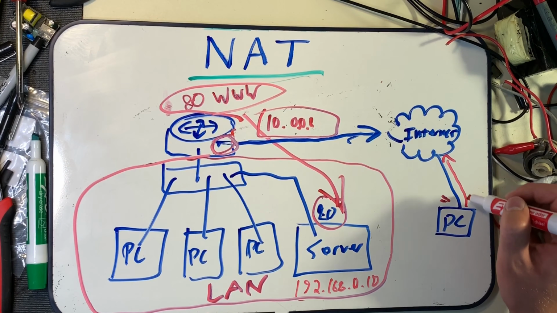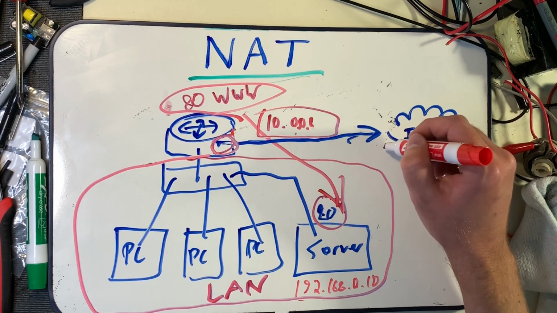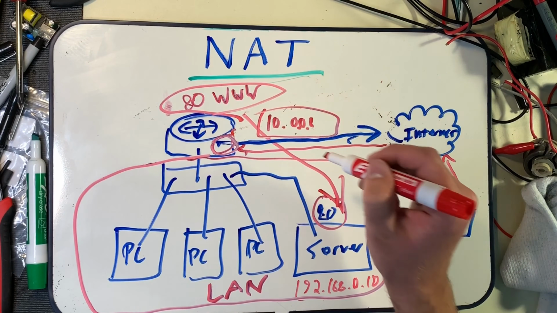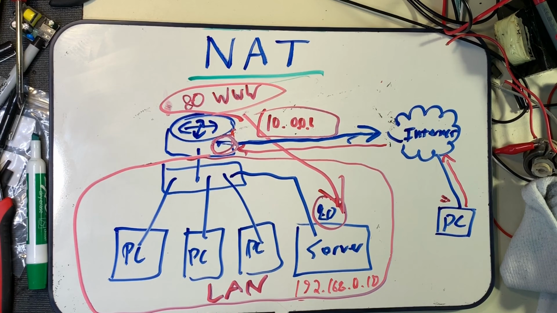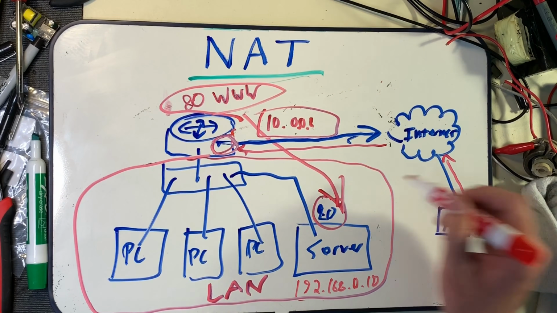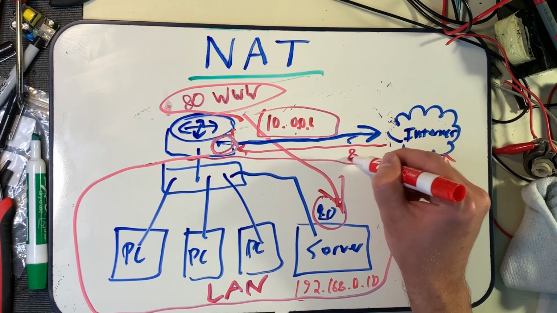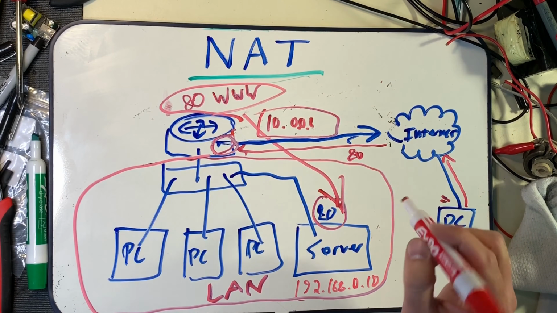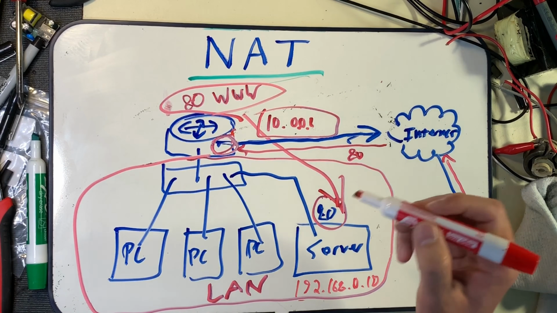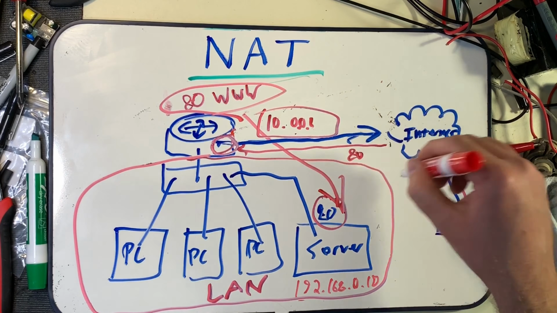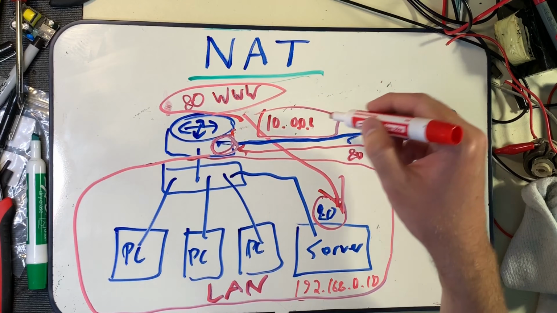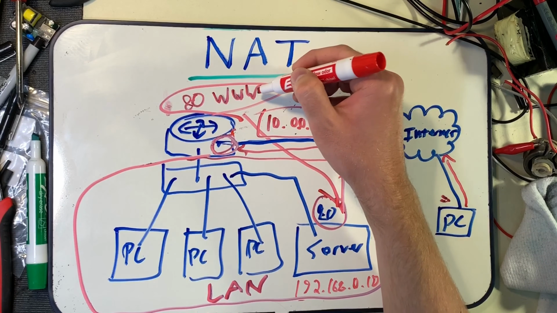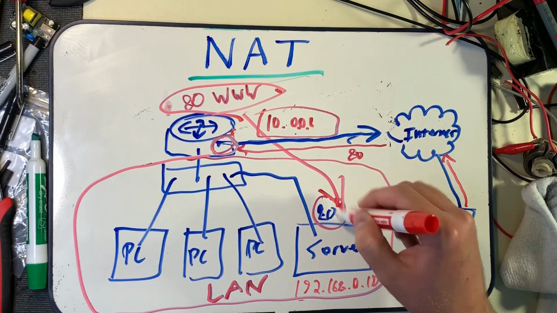Their PC is going to send a request up to the internet. The internet's going to send it to this router's port, the shared address port. Well, because he made this request on port 80 for web traffic, our router now knows, well, instead of getting rid of this data, because this is not initiated from anywhere inside here, our default rule is to send it to this machine here, to this server.